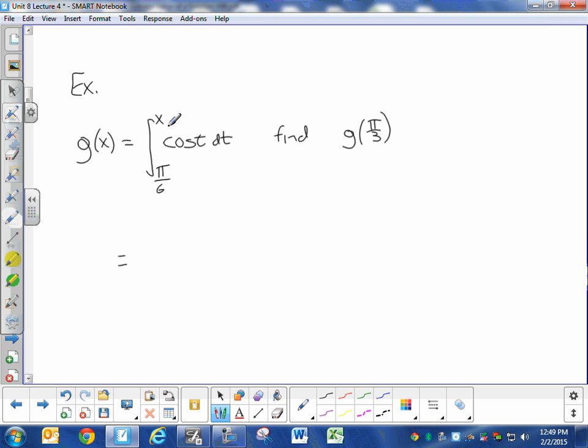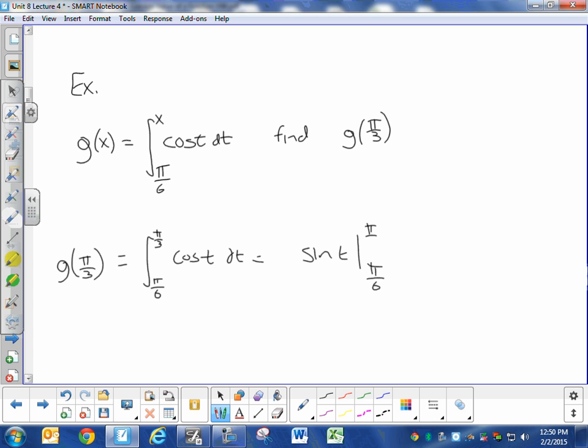Now, we don't have our calculator. Our calculator really won't help us here. So we need to apply the fundamental theorem of calculus, which just says this area is going to be equal to the change in the antiderivative. Okay, so to find g of pi over 3, that's going to be this. So I have to now find the change in the antiderivative to find that.